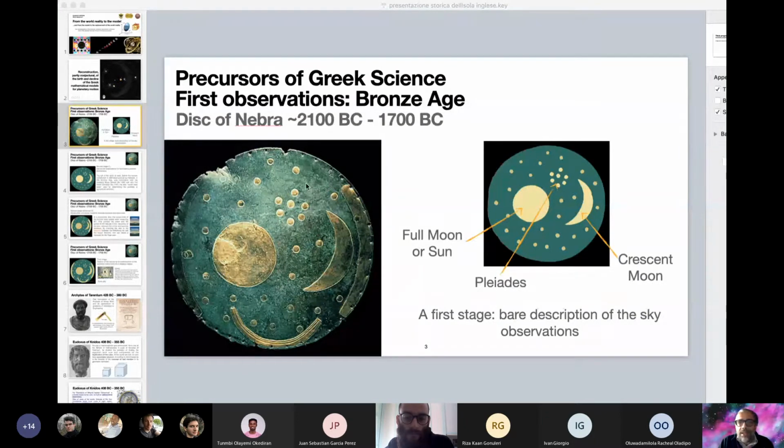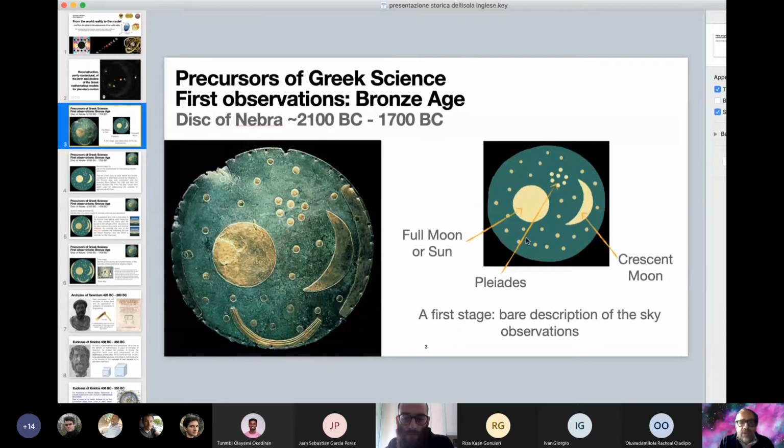And on this disk, you can recognize a half moon, a full moon, then you can recognize the Pleiades constellation, so the stars, and many stars placed in this scheme. So in a sense, this is a kind of chart of the sky, okay, a map of the sky, okay?